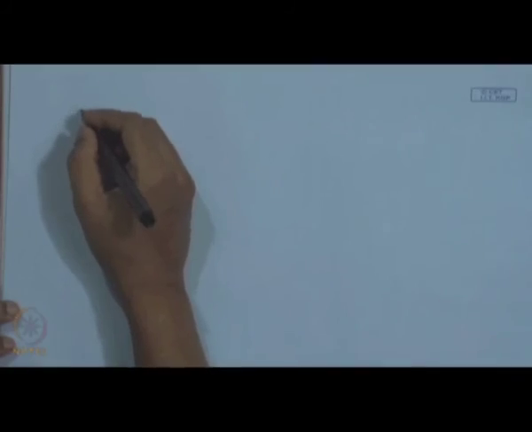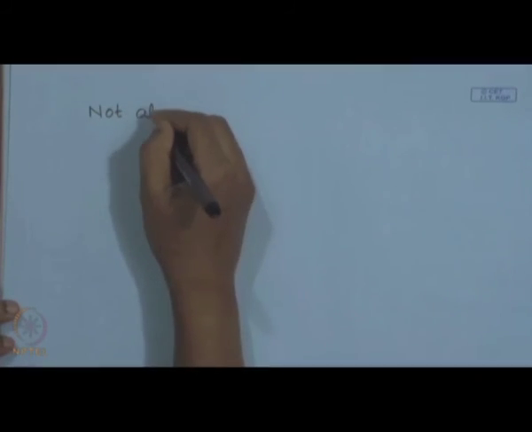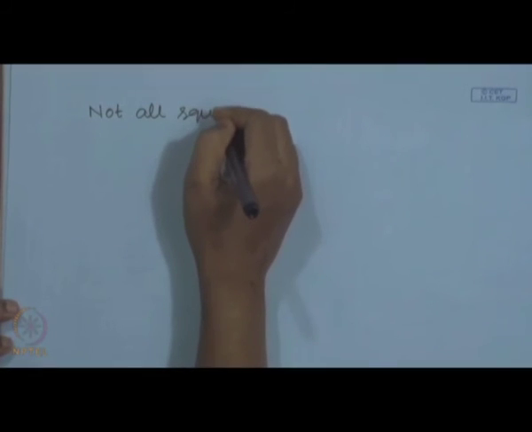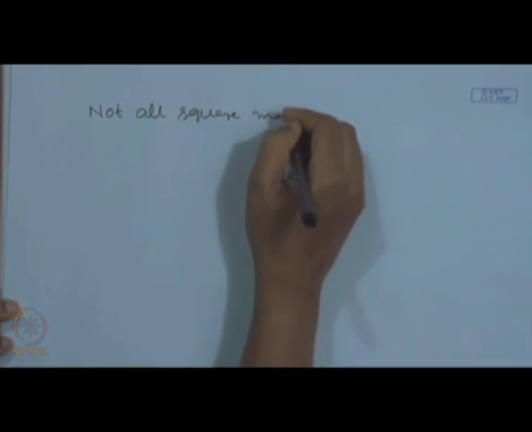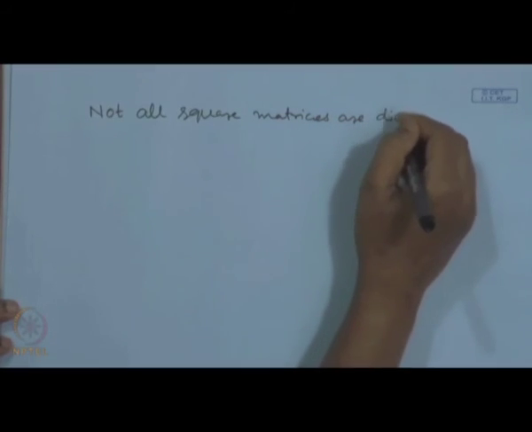Next, we will see an example that not all square matrices are diagonalizable.